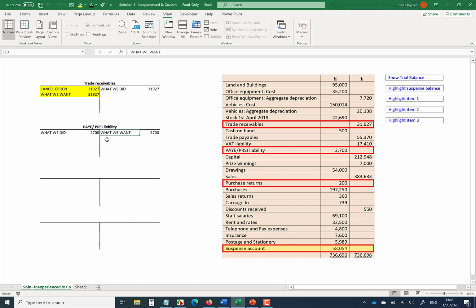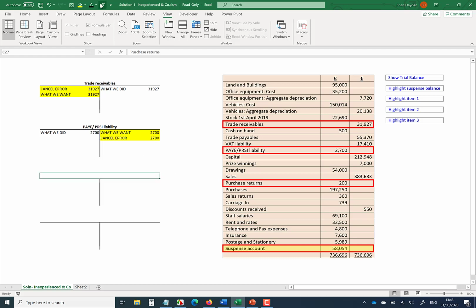It's a liability on the credit side, so we have to cancel. Okay, so again, the solution is to put this total here, that's going to be 5,400 on the credit side of the liability account, and there will be a corresponding debit entry in the suspense account. But again, we shall see those journal entries in a moment.